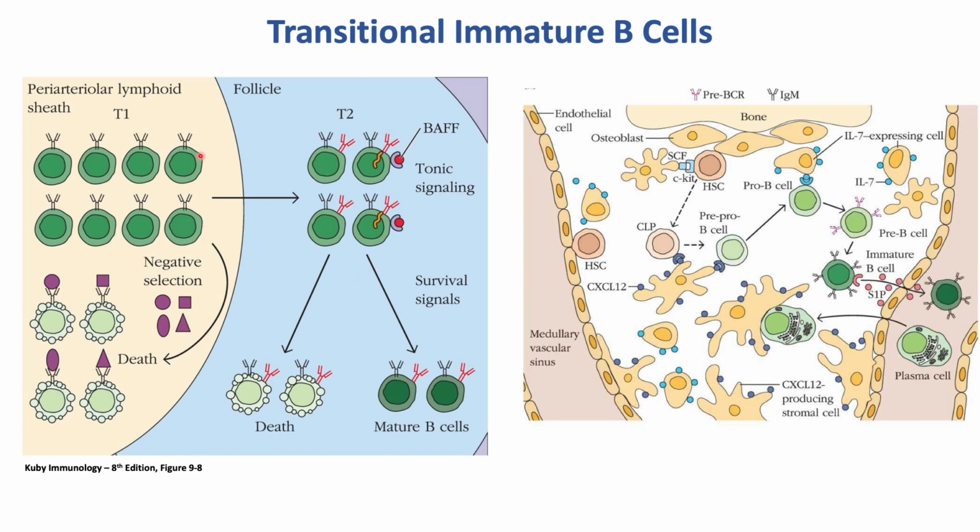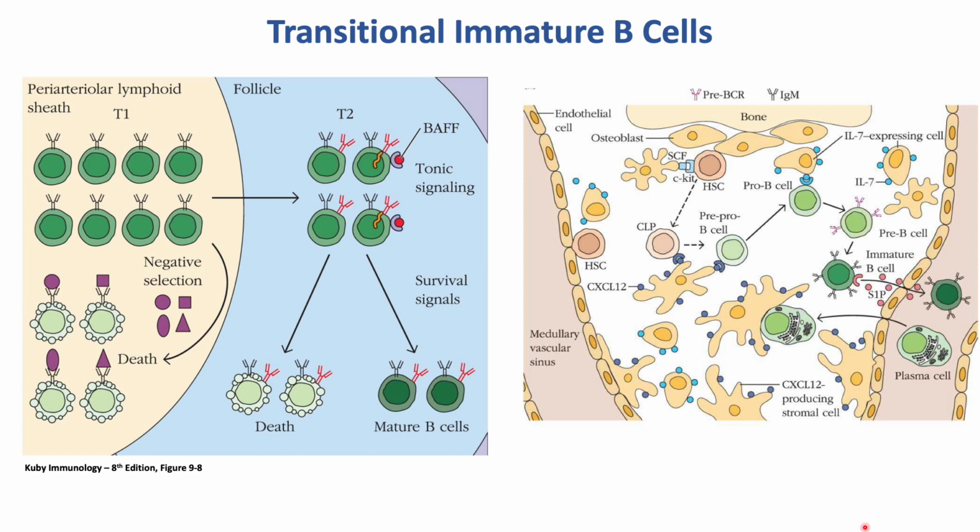The immature B cells are very sensitive to antigen binding. If they bind to self antigen in the bone marrow, they die. The B cells that do not bind to self antigen express D chain and the membrane IgD and IgM about the time they leave the bone marrow, and they become mature naive or resting B cells.